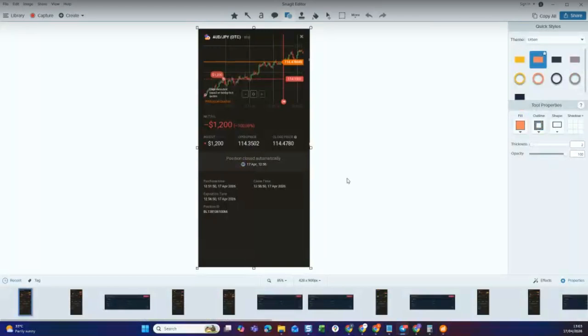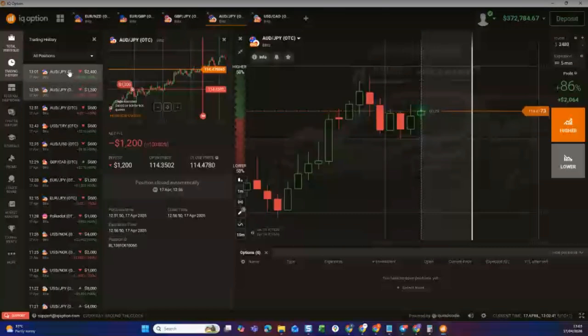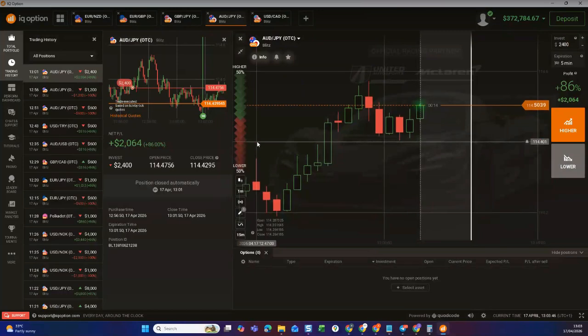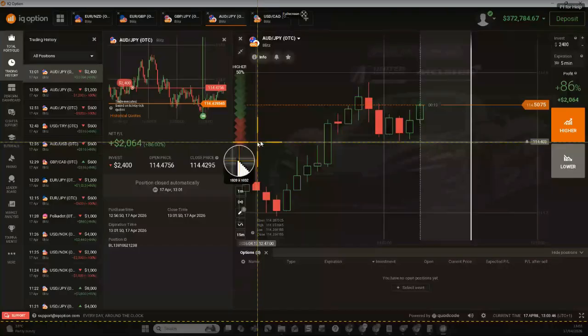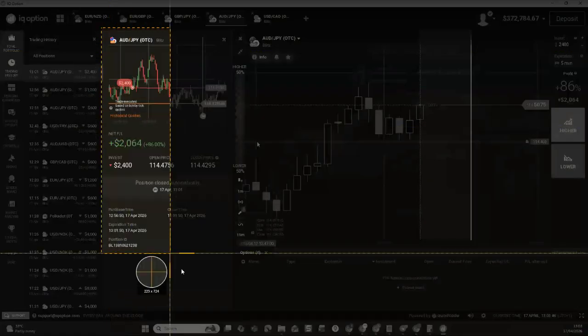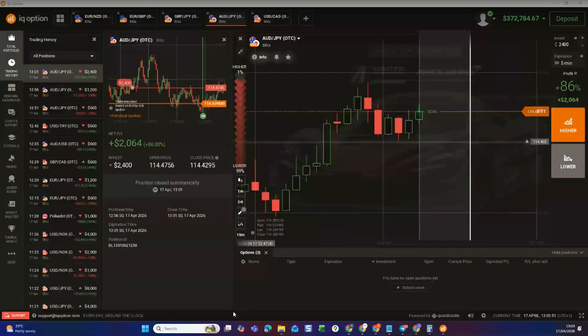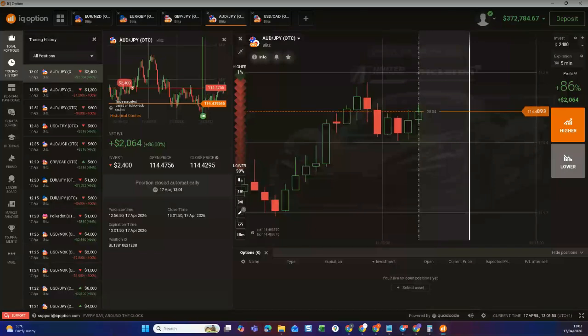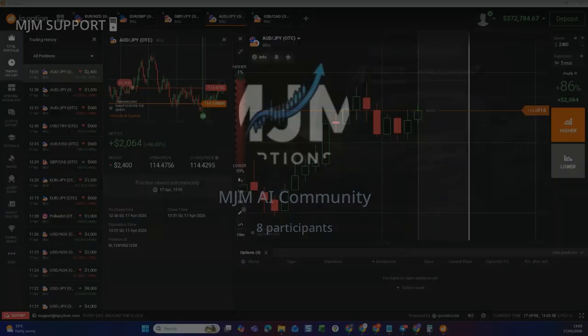Okay, so this is the second trade here. Then I'm going to do the last and final one here, which is ADJ. So that's about $264 made on this signal. Let me drop this here also. Okay, so we have all three.